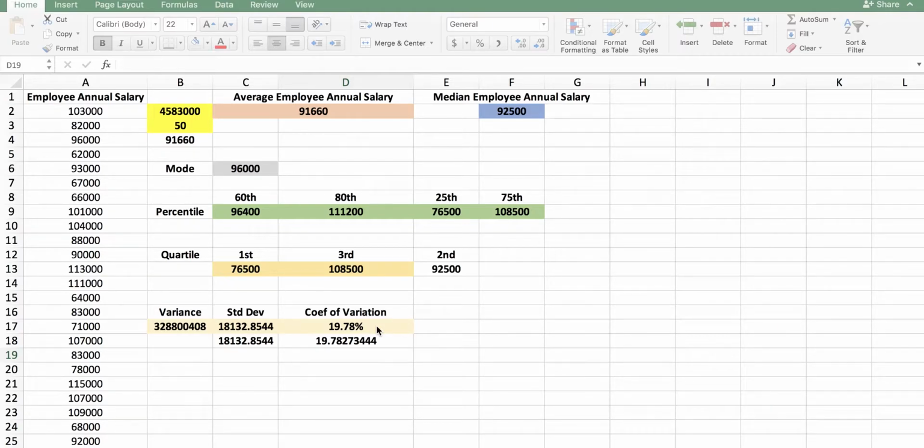Although the units are different, for example, for the height, the unit is inches, and for the salary, it's dollars, you can still use the coefficient of variation to compare the variability in these two data sets.